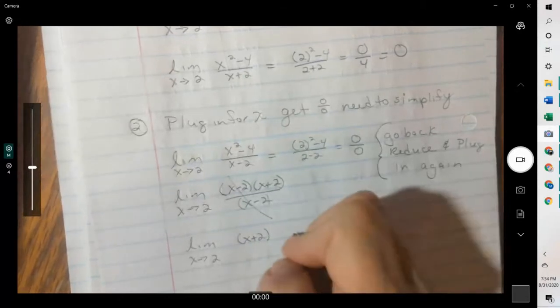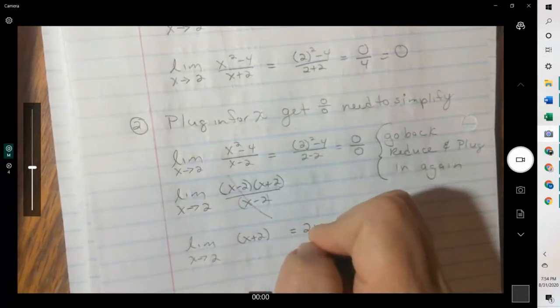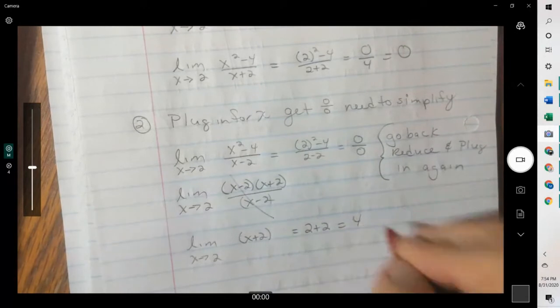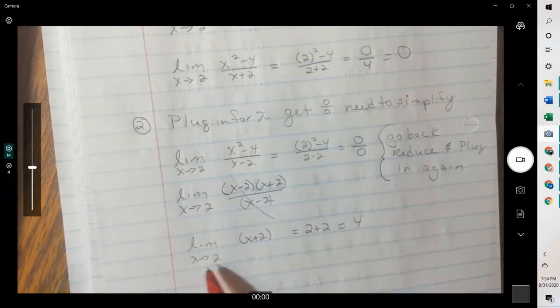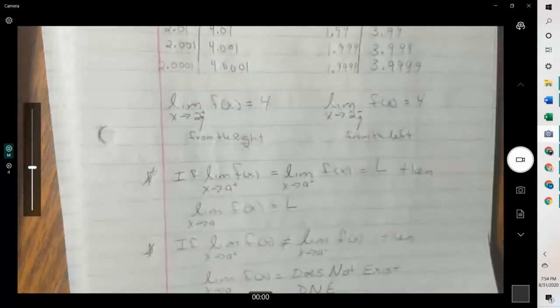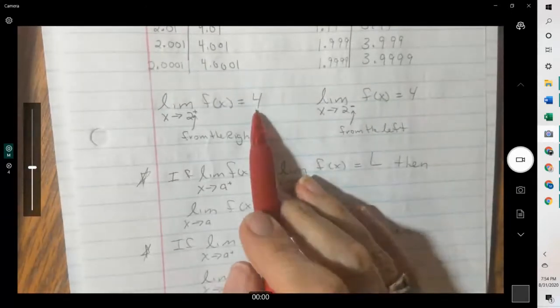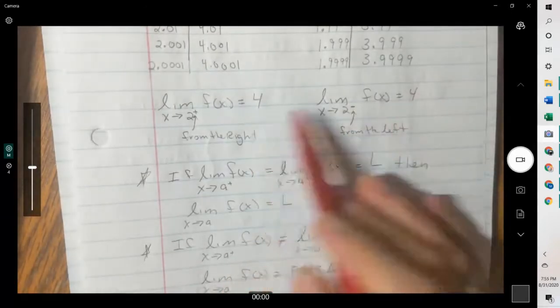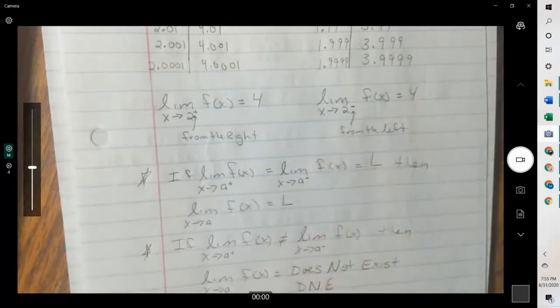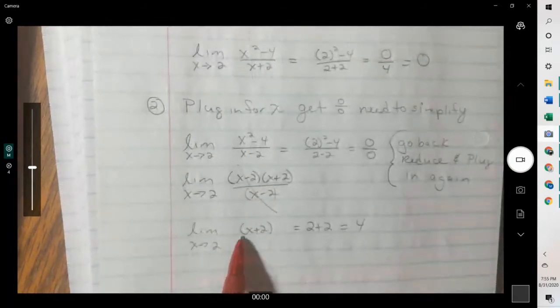Now plug it in. 2 plus 2 equals 4. So the limit as x approaches 2 is 4, which is what we got here. The limit from the left and the limit from the right were both 4, which means the limit at 2 was 4. That's another way of getting it. So besides looking at the graph or plugging in values, you can simplify your function.